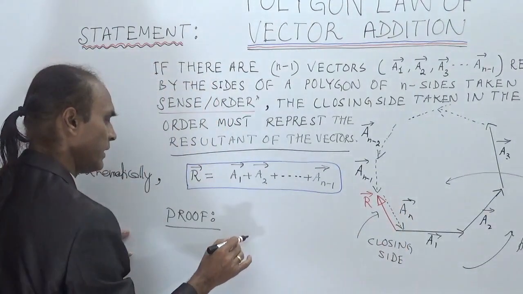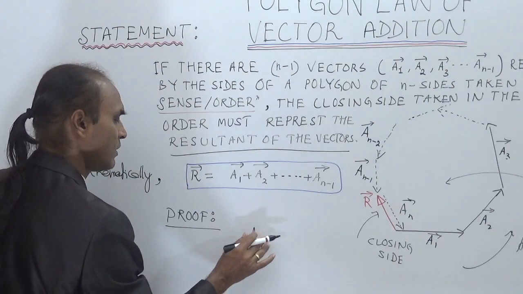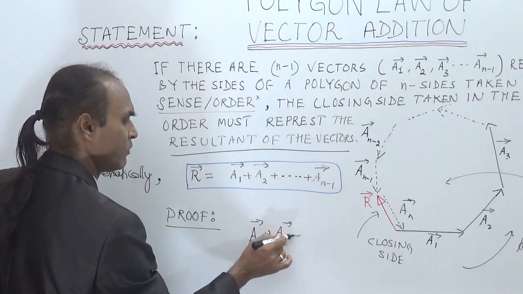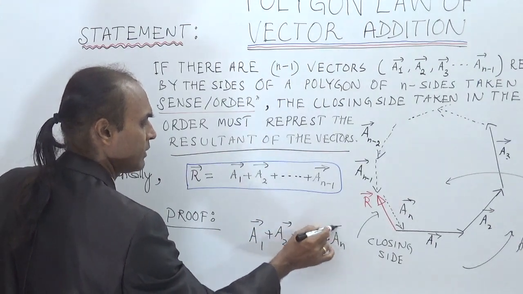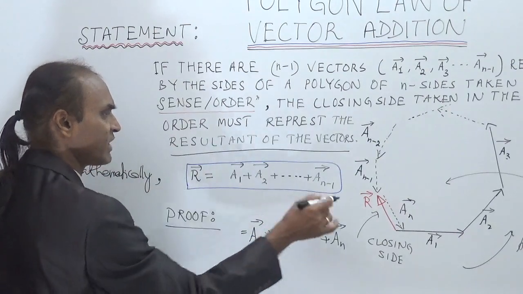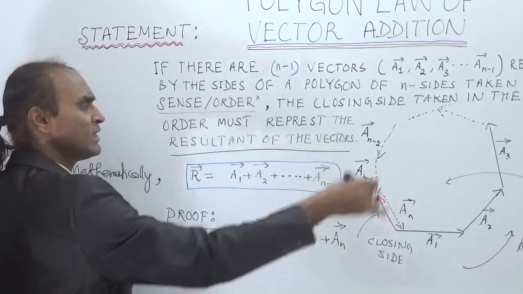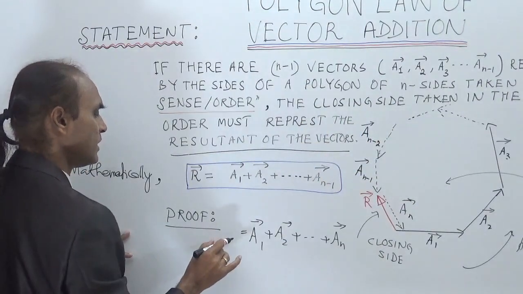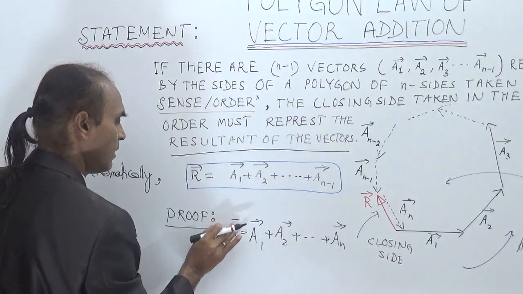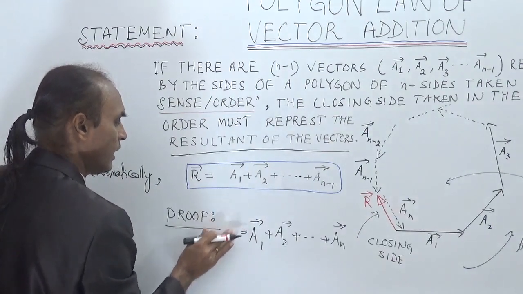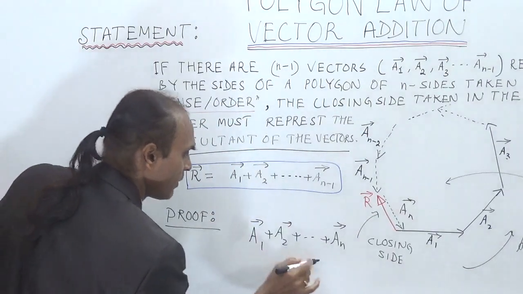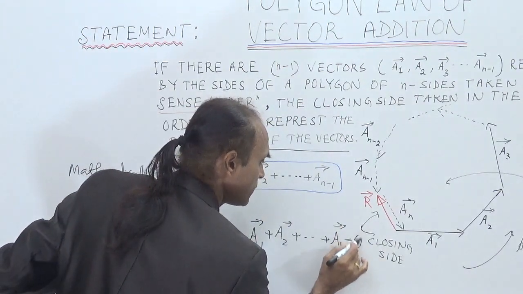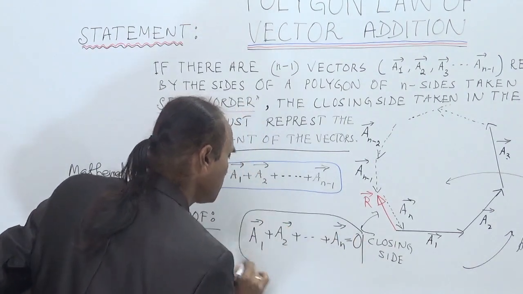So the net displacement is equal to how much? A1 plus A2 up to an. The net displacement or net effect of all these vectors represented by the sides of the polygon taken in a particular order is equal to the resultant. That's not that resultant. It is equal to 0. This is the closing side. This you know already.